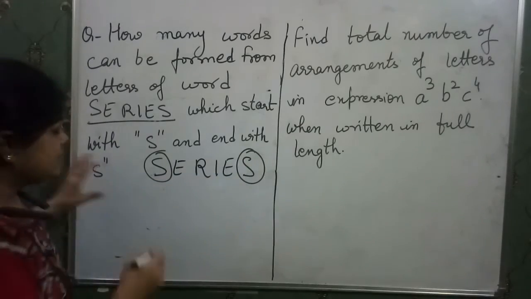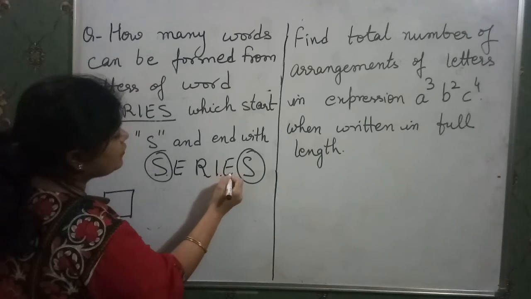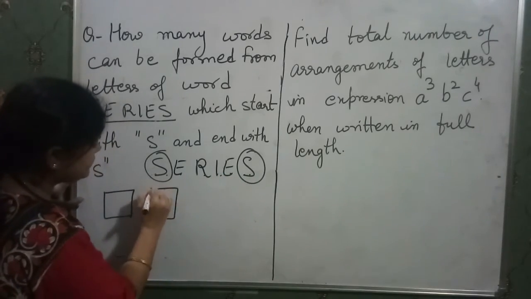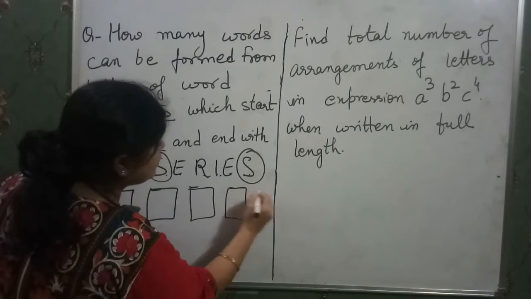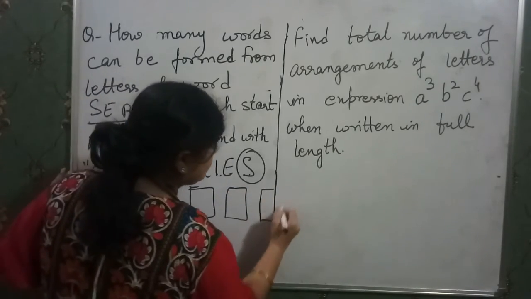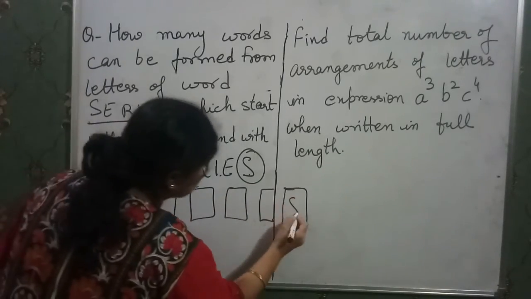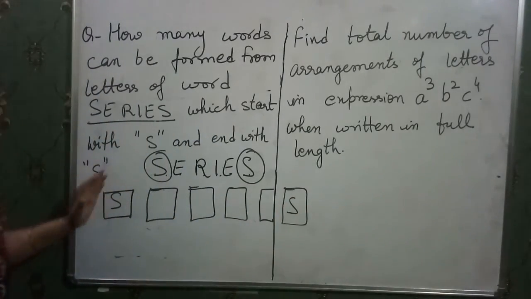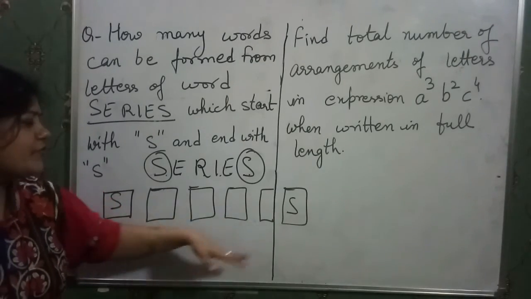In that case, just make some boxes: 1, 2, 3, 4, 5 and 6. So I make the 6 boxes. Clear? Now these two boxes are fixed by some letters. Here in this case these are S and S, but they may be any of the letters.